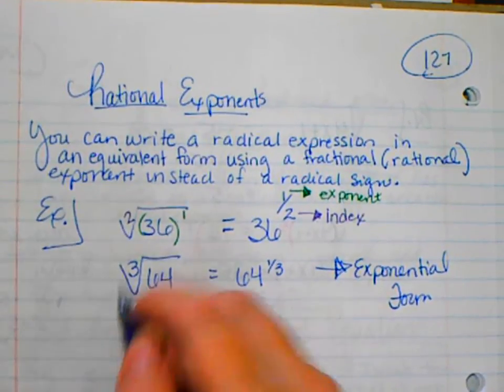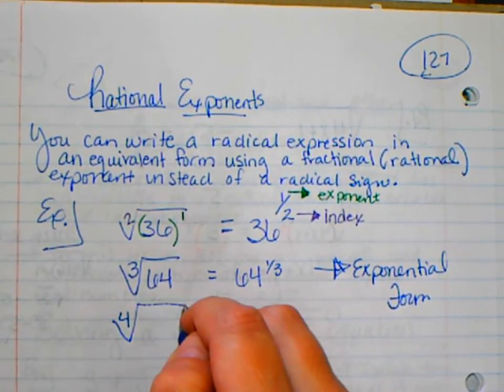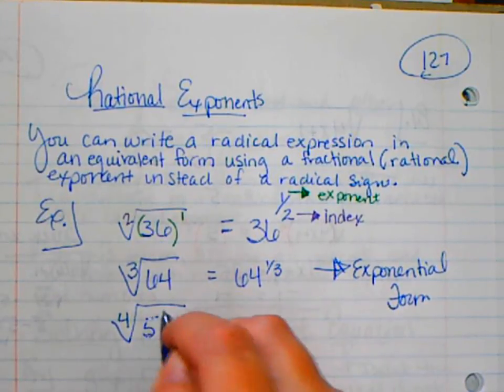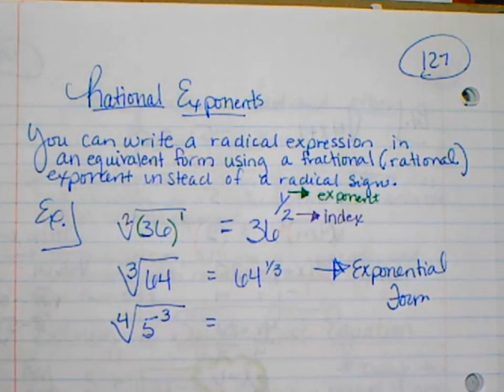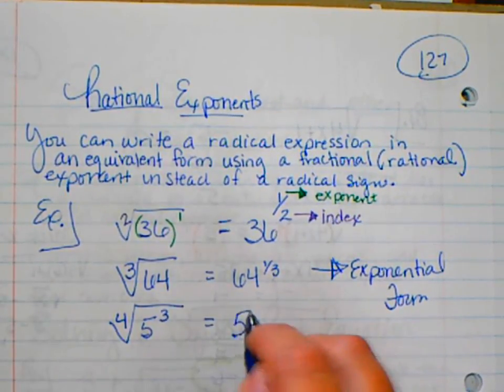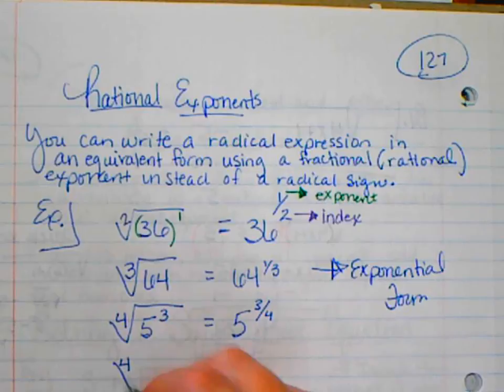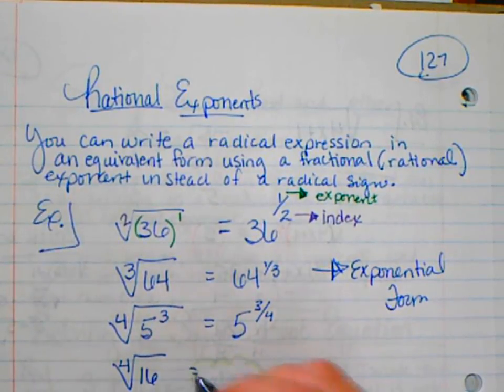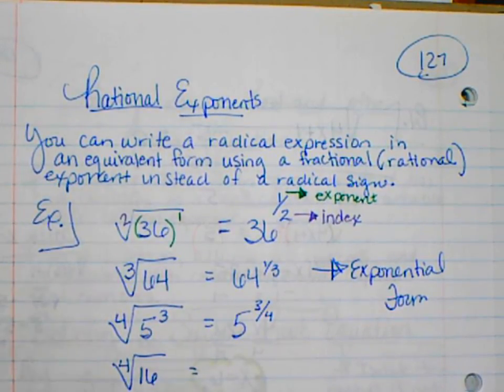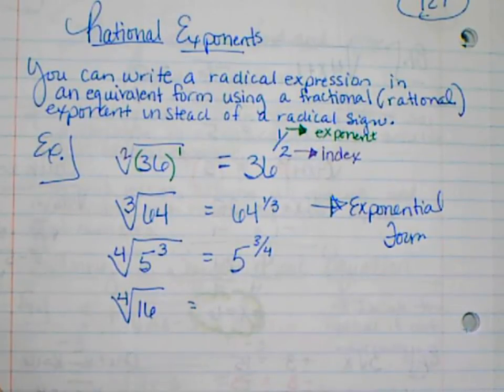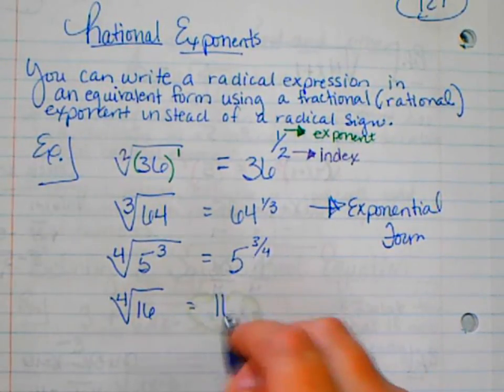How about the fourth root of 5 cubed? Again, I'm not simplifying, I'm just rewriting it in exponential form. What would that be? 5 to the 3/4. How about the fourth root of 16? 16 raised to the 1/4 power.